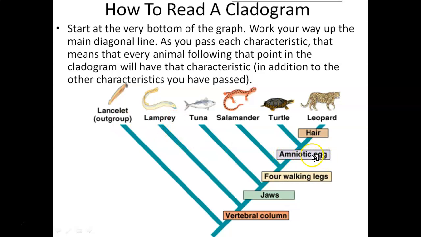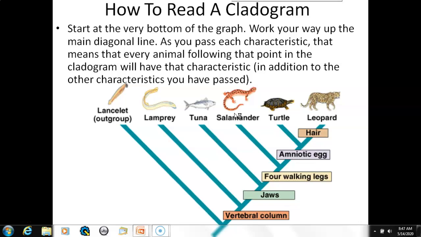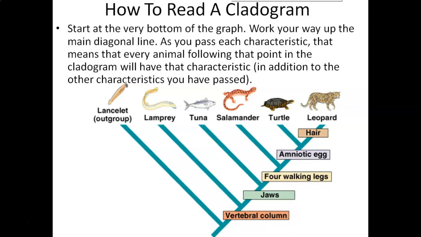An amniotic egg, which means that it is an egg that has amniotic fluid in it. So lancelets, lamprey, tuna, salamander do not have amniotic eggs, which is why they have to lay their eggs in water or a fluid-y type of atmosphere. And then turtles and leopards do. And the only thing that's going to have hair is our leopard. Everything else will not have hair.